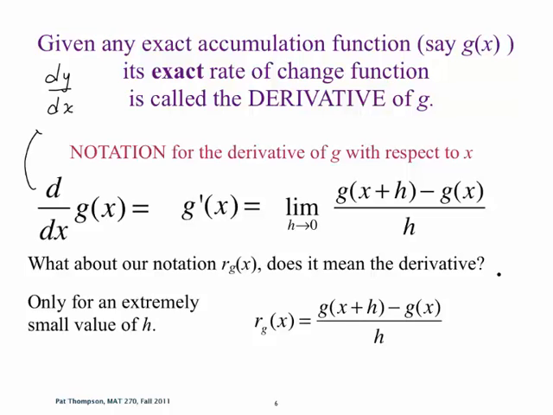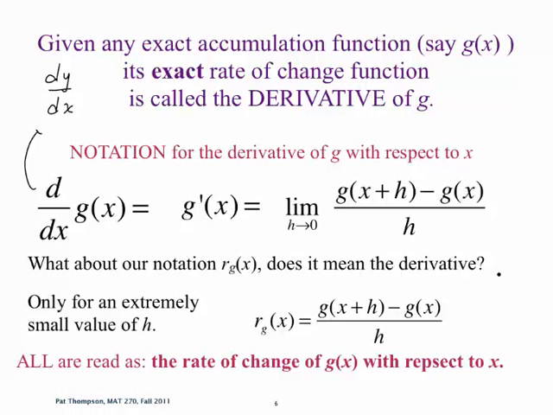It's nice to have it be approximate, and then just let h get small, and then we know it's exact. But here's the key: all of these are read as the rate of change of g of x with respect to x. Whether it's a derivative or a rate of change function, the rate of change of g of x with respect to x.